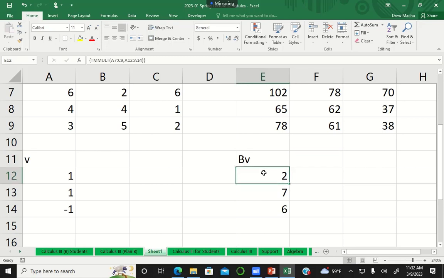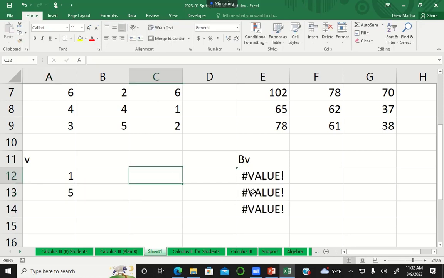The other thing is that I told you this doesn't work if the number of columns in the matrix doesn't match the number of entries in the vector, right? So what if my vector was the vector 1, 5? Now, since I don't have the same number of columns, 3 columns, with just 2 entries in the vector, 3 is not equal to 2, and so Excel knows that I can't multiply that matrix times that vector, because it's just not the right number of entries.